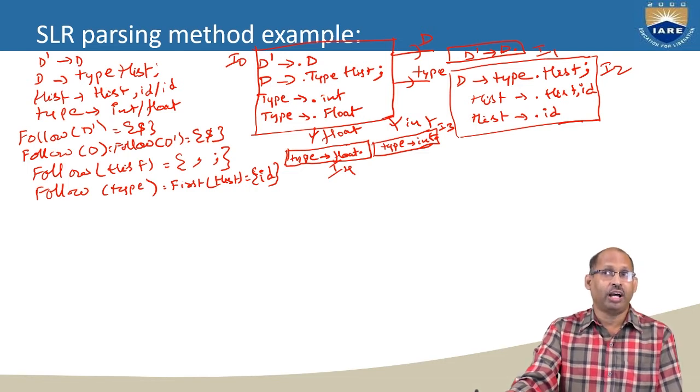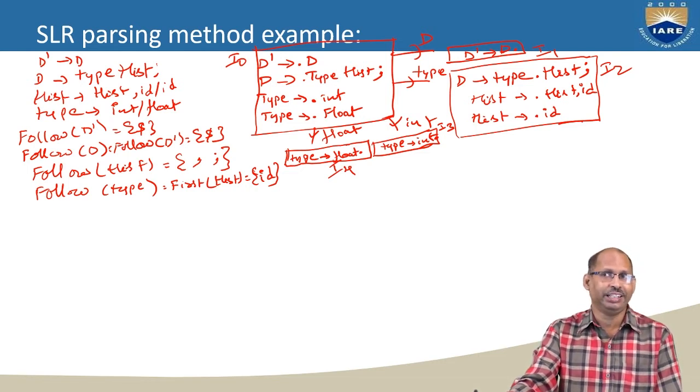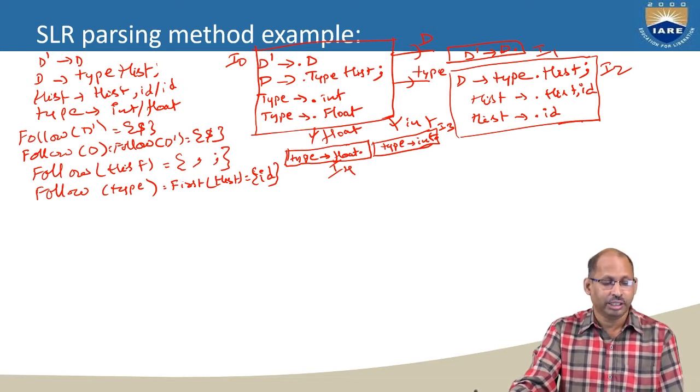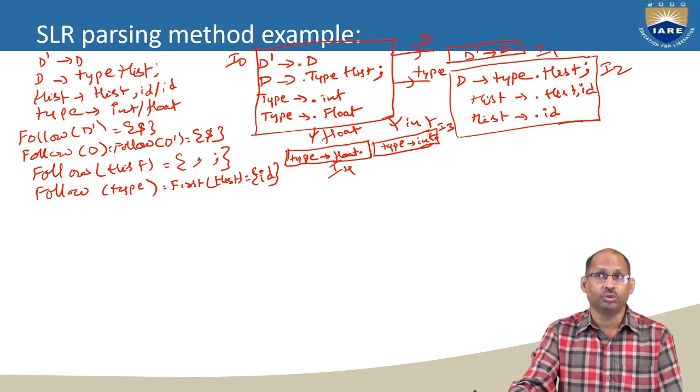Now I1 has dot at the end, I3 dot at the end, I4 dot at the end. So there is only I2 which has dot followed by list, dot followed by id. Here only I2 has two symbols after the dot.